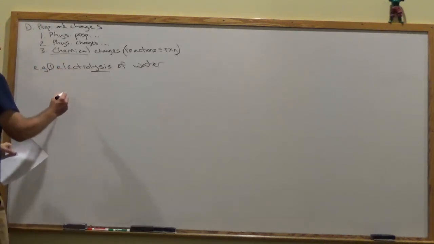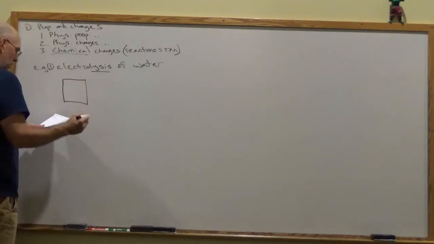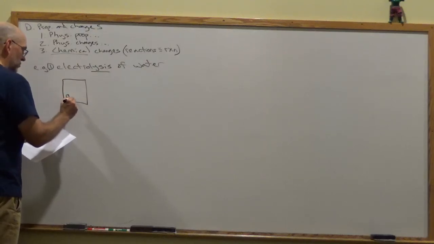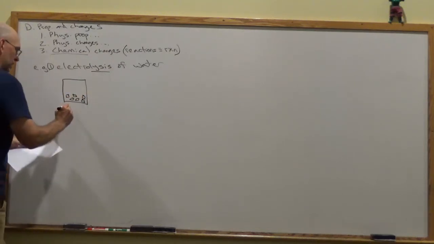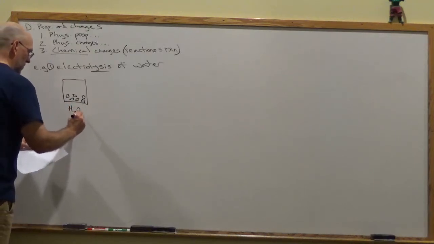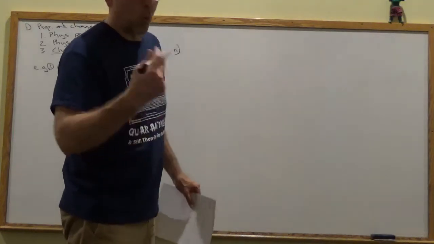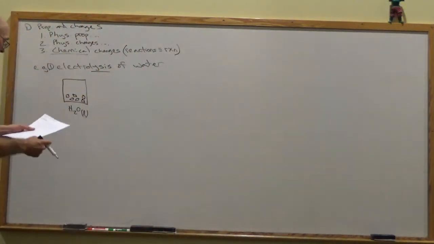So I'm going to stick to the previous pictures that we had, maybe make them a little smaller. So we'll have 6. So there's liquid water. Hopefully I said liquid water, so that's typically referred to as H2O(l).